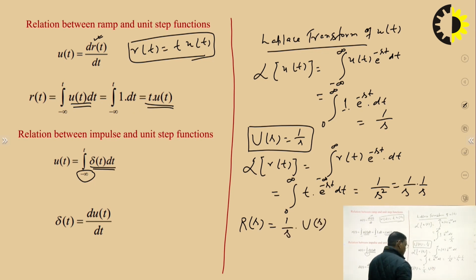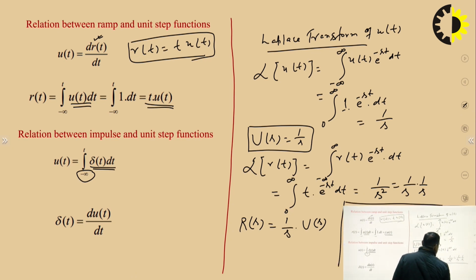And we also know that s is a differential operator and 1 by s is an integral operator, or we can say integrator. So s is differentiator and 1 by s is integrator.